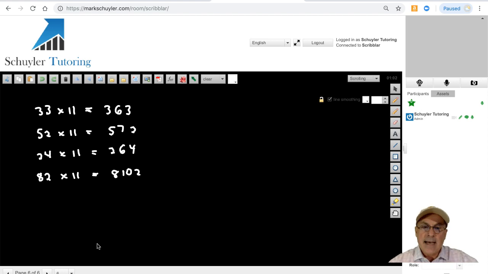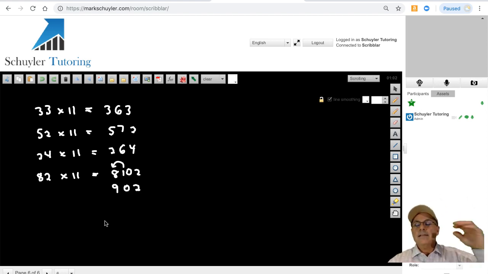The answer is not going to be 8,102. What's going to happen instead is you are going to carry the 1, and this will become 902. Get it? So it's a little bit harder if when you sum the 2 numbers, it adds up to a 2-digit number, because then you're going to have to carry the 1. You're going to have to increase the number in the hundreds place.